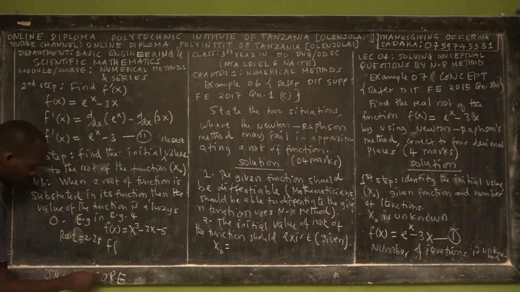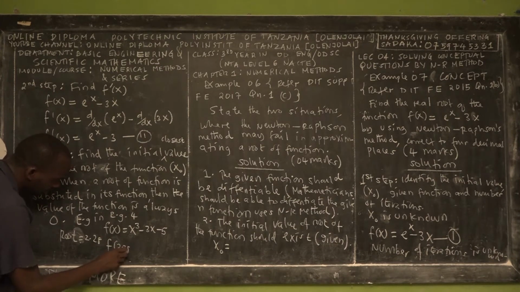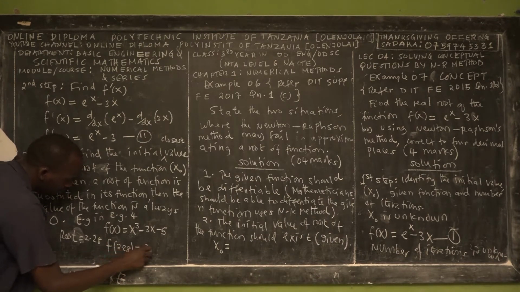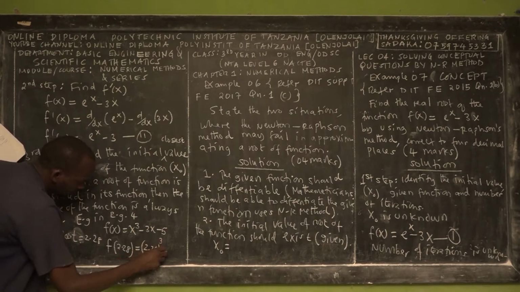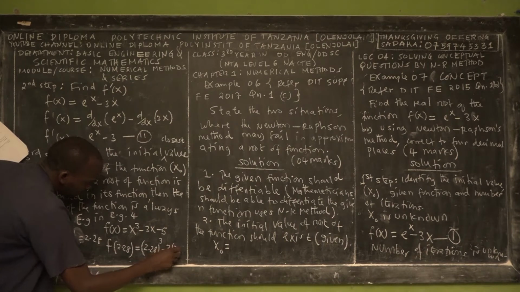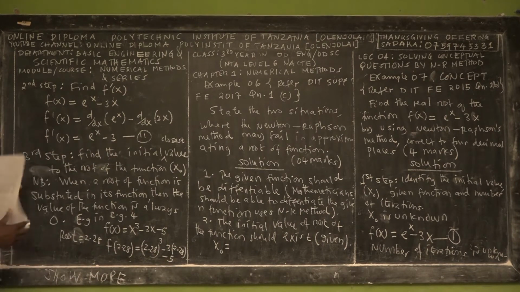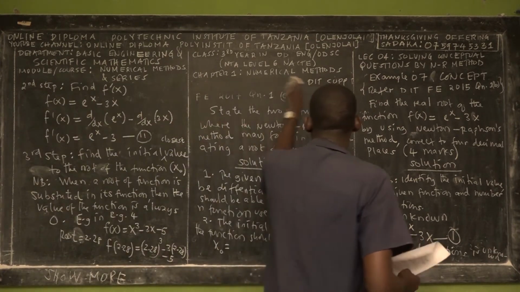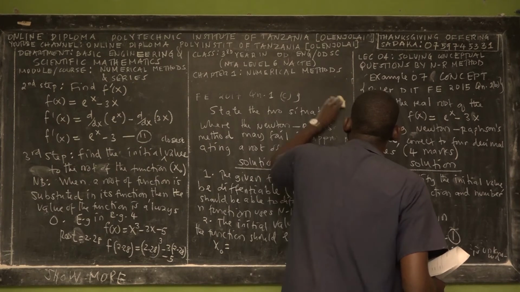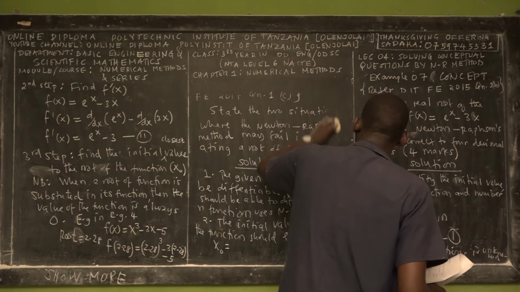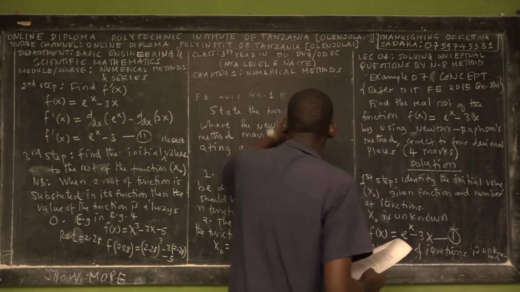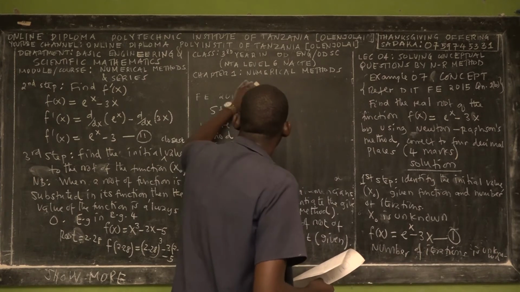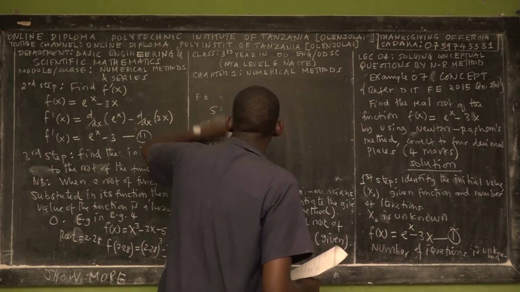Instead of x, we put 2.28. This will make it 2.28 power 3 minus 3 times 2.28 minus 5. Use your scientific calculator to find the value.